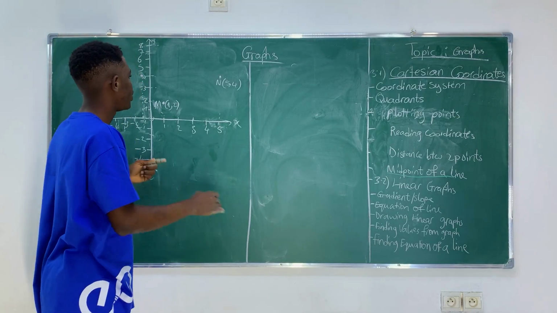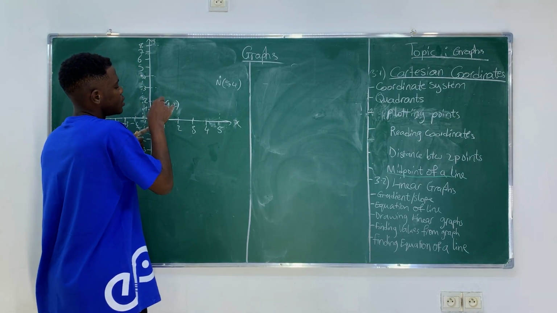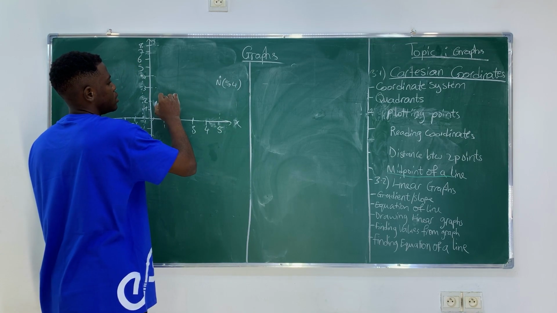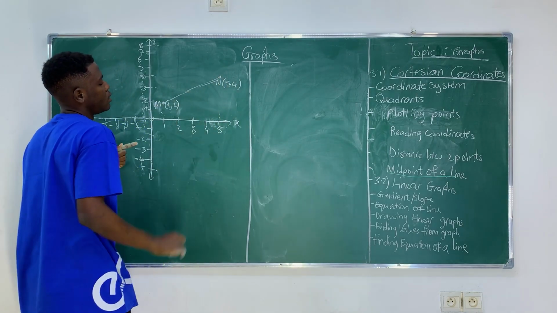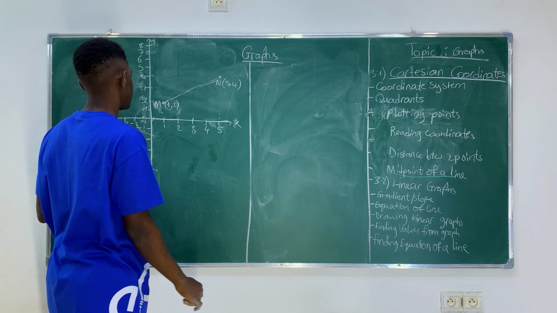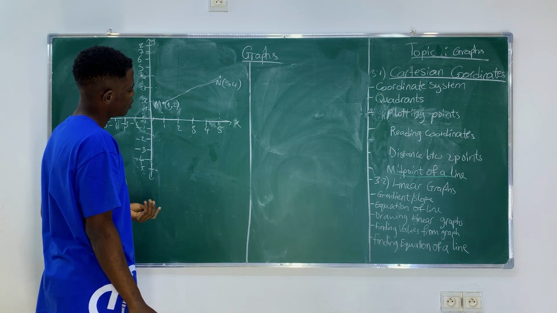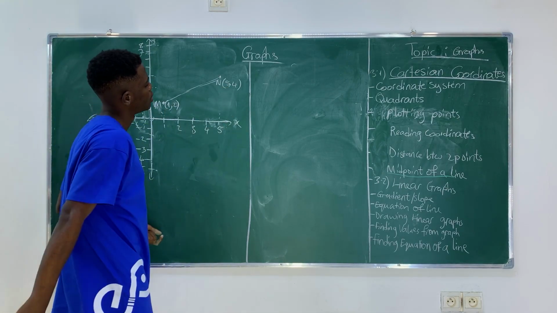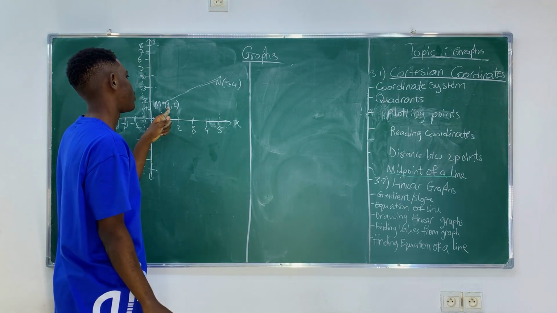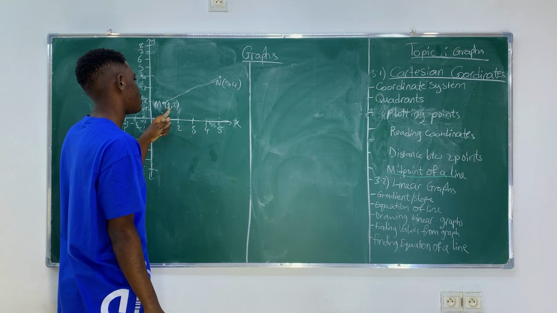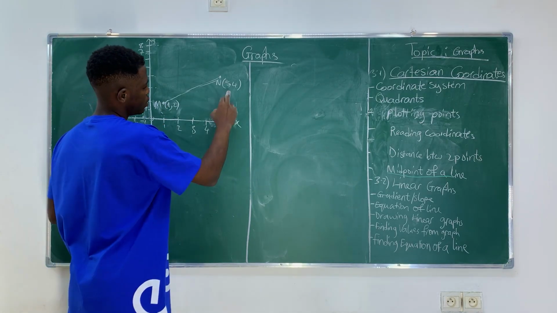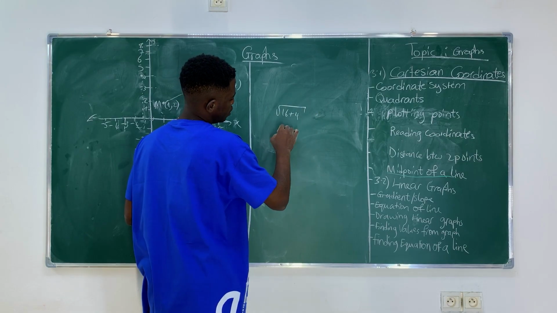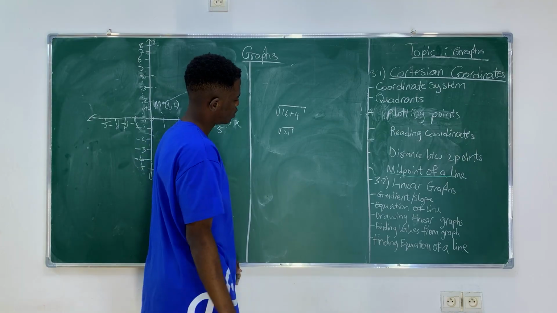That is the midpoint. The distance between this and this is like this. Let's work out this distance: this minus this is 4, 4 squared is 16, plus 2 squared, which gives 20.